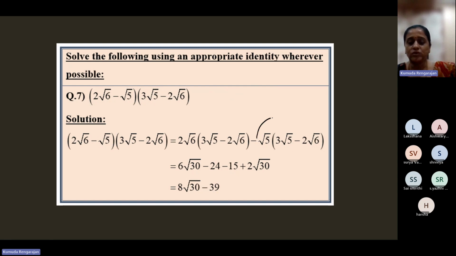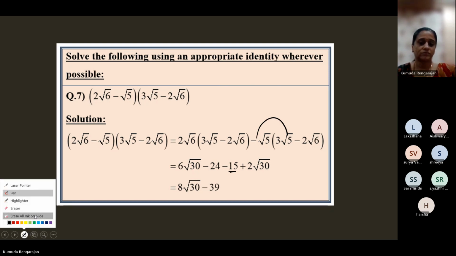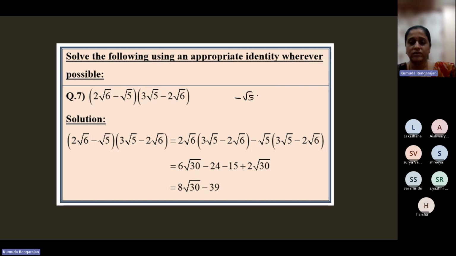Next, minus root 5 into 3 root 5. Root 5 into root 5 is 5. Minus 3 into 5, minus 15.